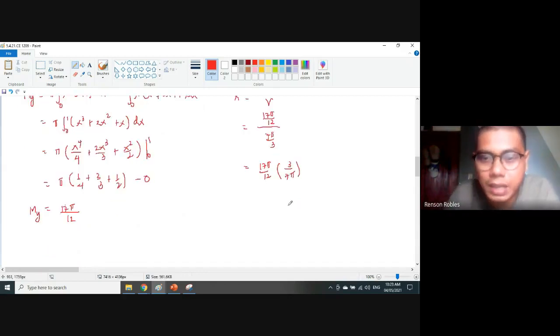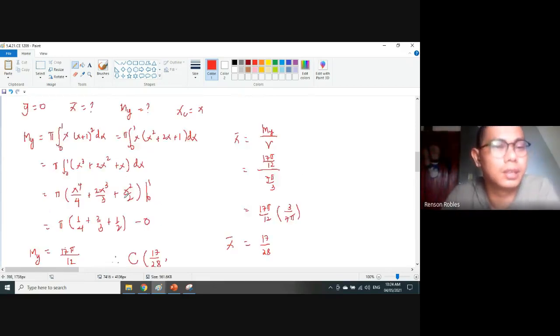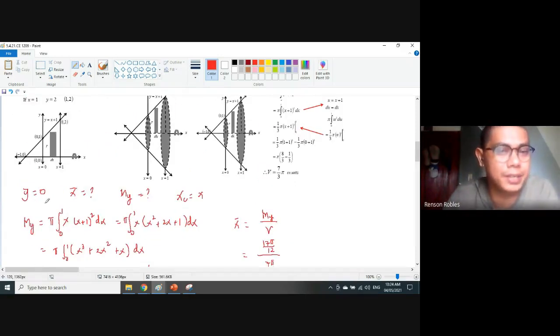Then simplifying, 12 and 3, this will become 4. Then you can drop this pi. So 17 over 28, right? And therefore, the centroid can now be found at 17 over 28, then bar y is 0.